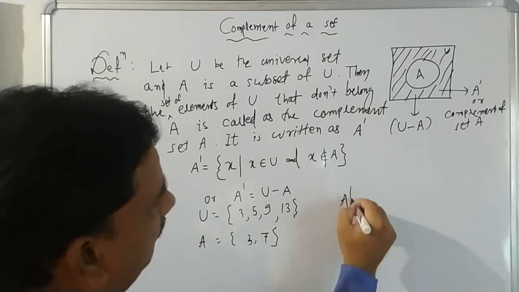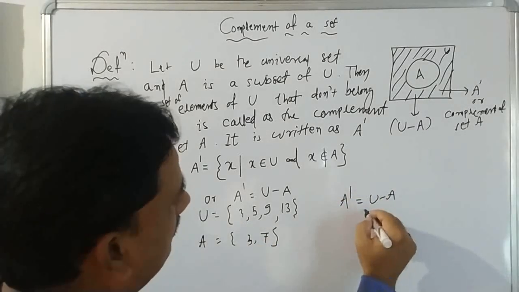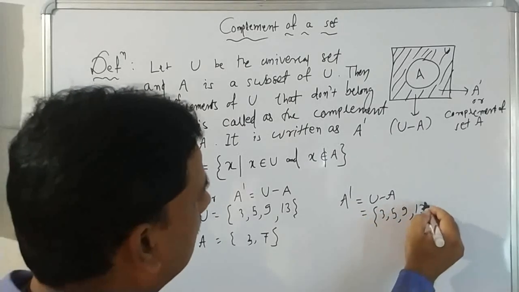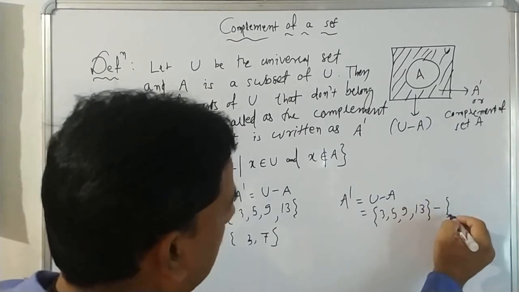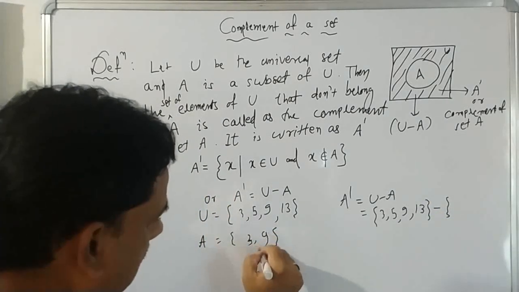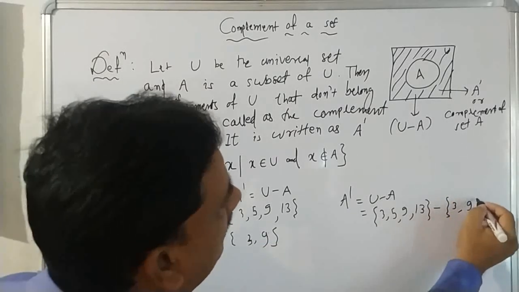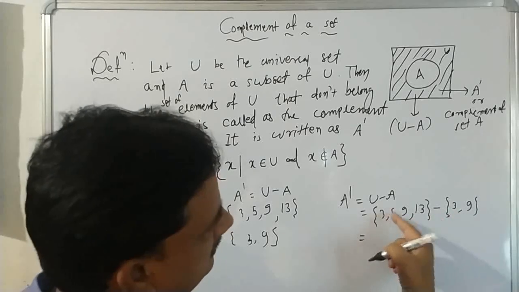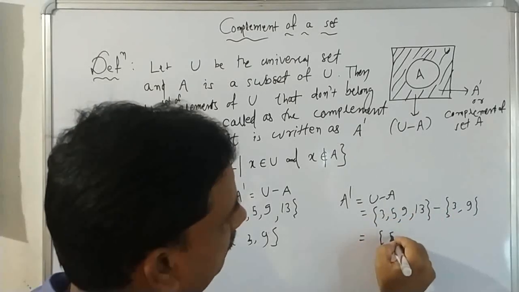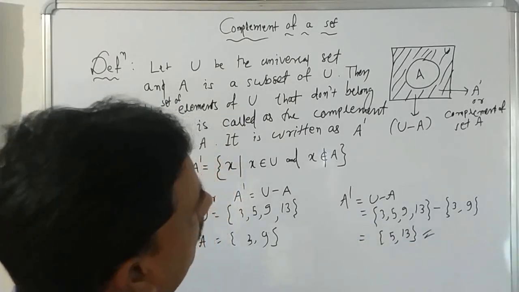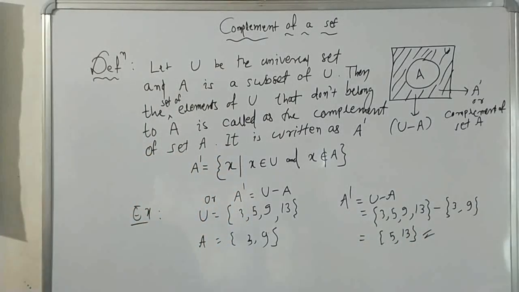Then here A prime is equal to U minus A. So from 3, 5, 9, 13 you subtract 3, 9. Then you will get 5, 13. So this is the complement of A. Okay. Next.